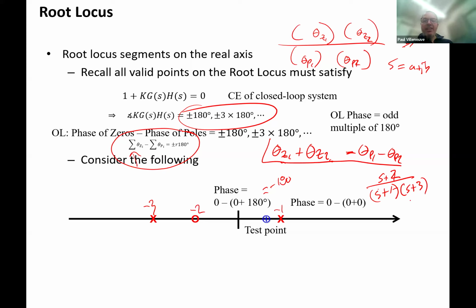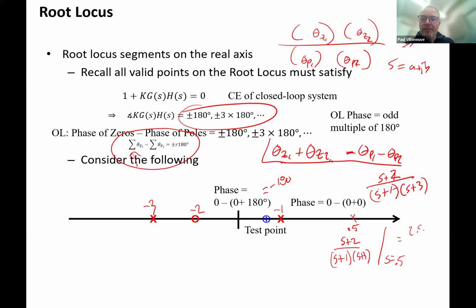So now I want to check and see. Let's go back and put a test point over here. Let's say that that's 0.5. Now I'm going to check s plus 2 over s plus 1 times s plus 3, and I'm going to evaluate that at s equals 0.5 and see if that's a valid point.